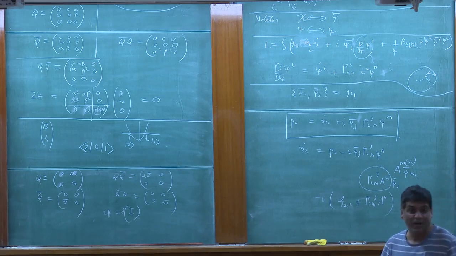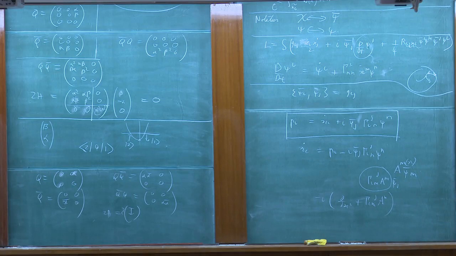So, while pi is the operator del by del xi, xi dot is the operator minus I times D by dt, D_i. Right? It's a covariant derivative. Okay?